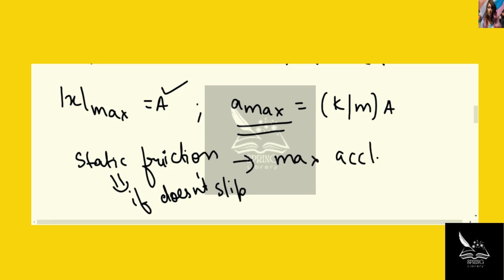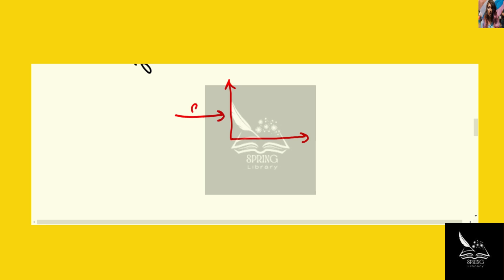So the free body diagram we have to see. This is very important, so be very careful in understanding how that happens. This is the free body diagram, with the y coordinate and the x coordinate, and the acceleration.